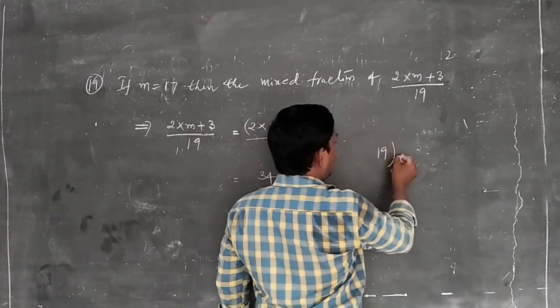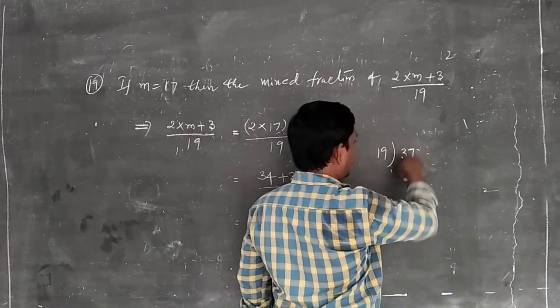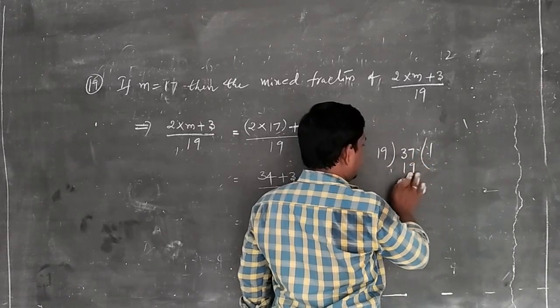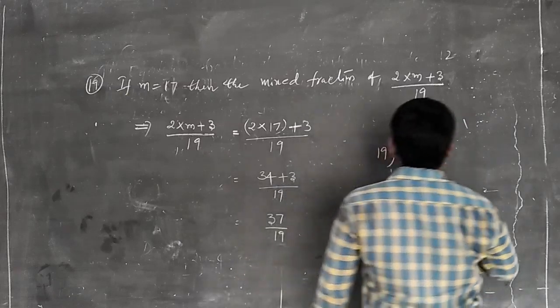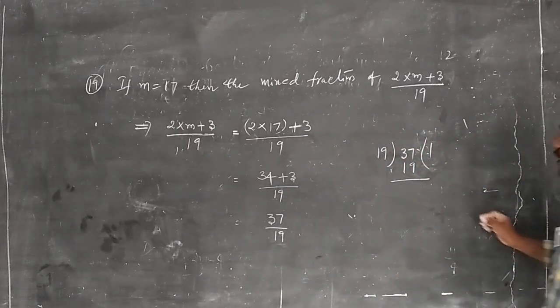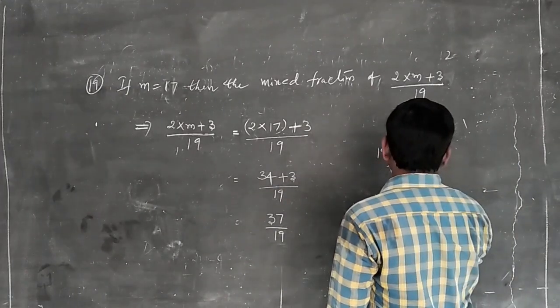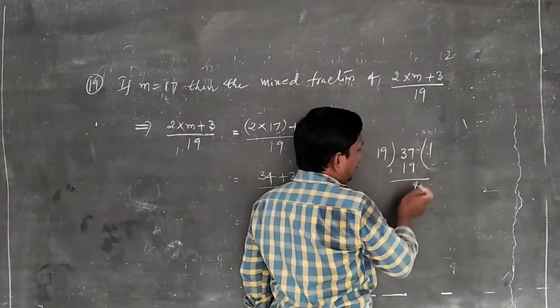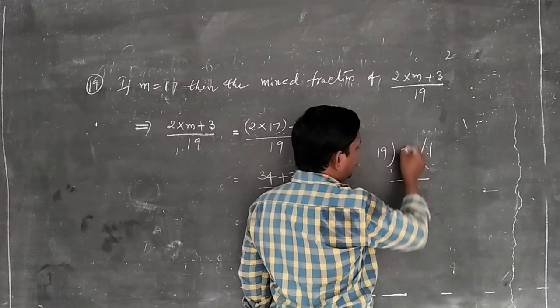Table, how many times? Take one time, 19. 17 minus 9, 8. 17 minus 9, 8.